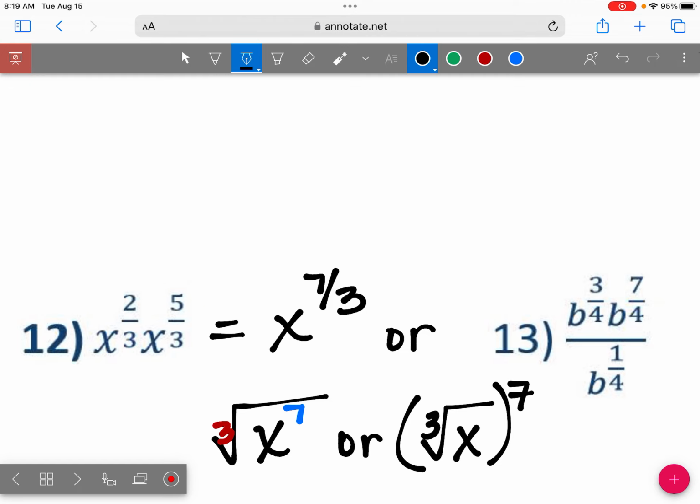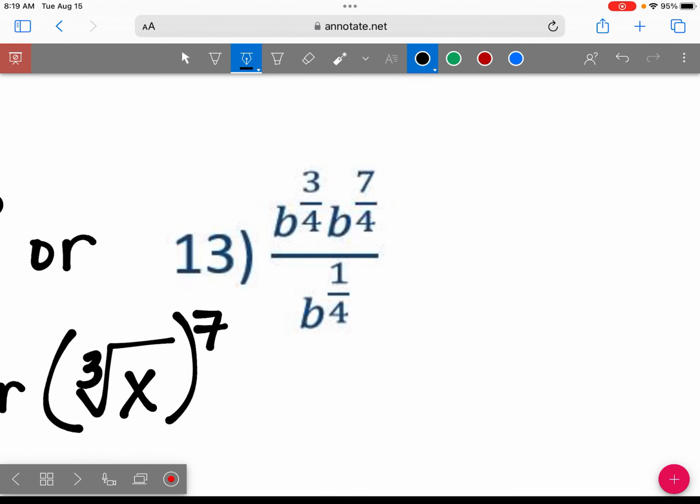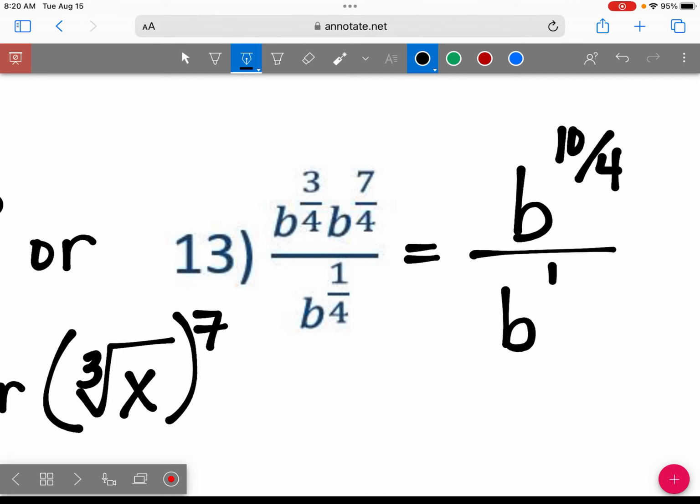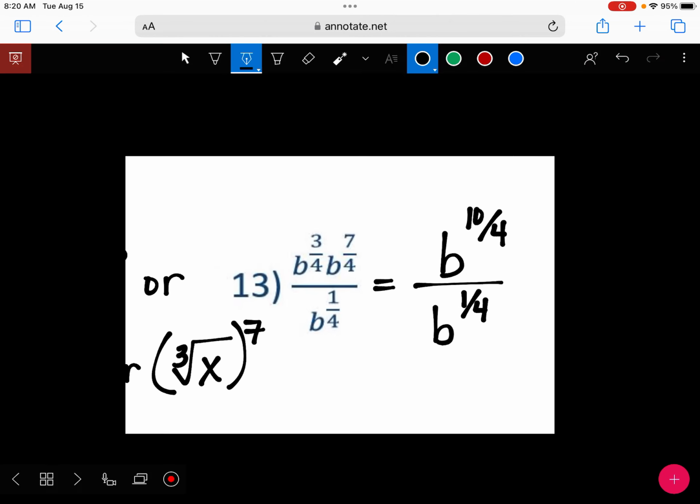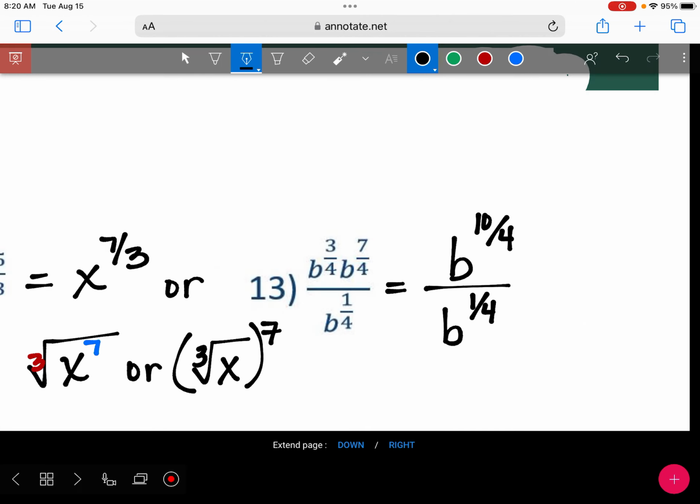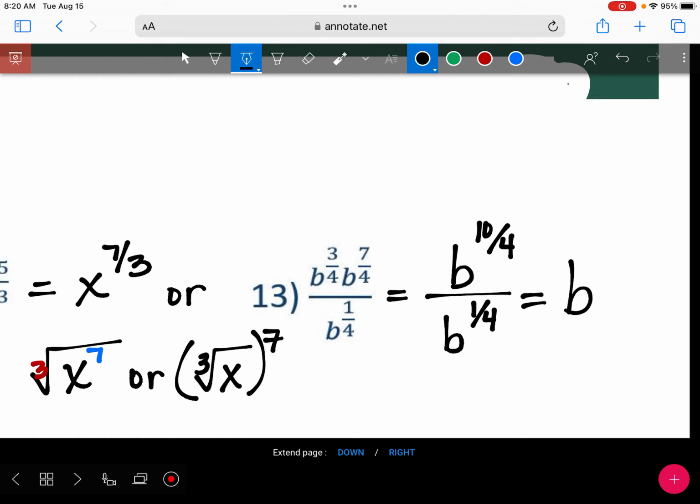All right, so for question 13, we're doing the same thing. First, we're going to add. So that would be b to the power of 10/4 over b to the power of 1/4. And then you're going to subtract. So 10/4 minus 1/4 is 9/4.